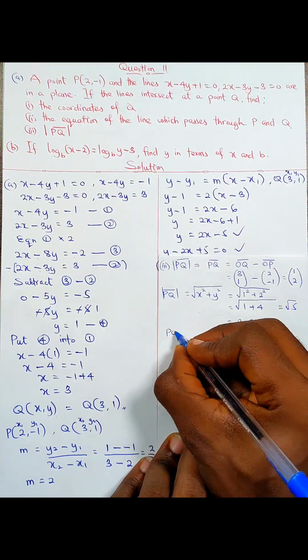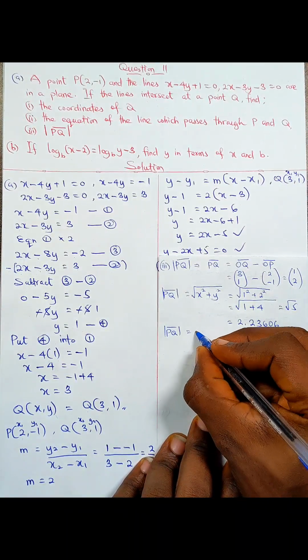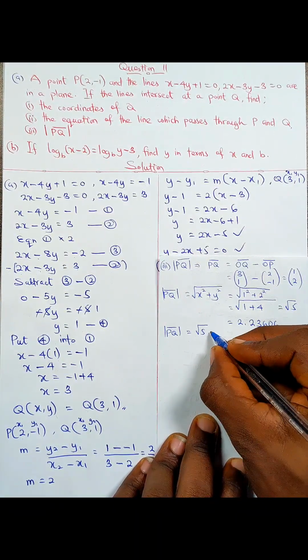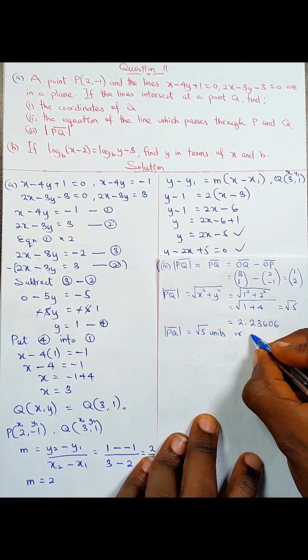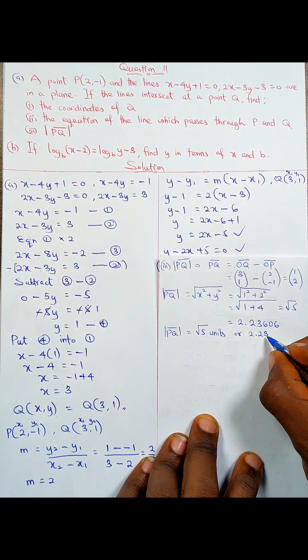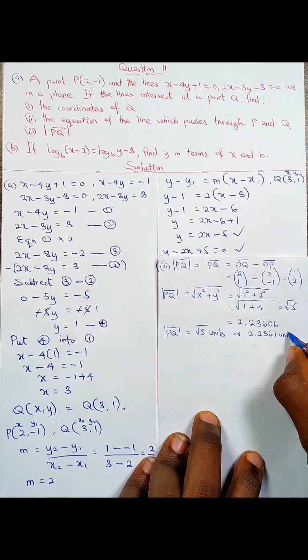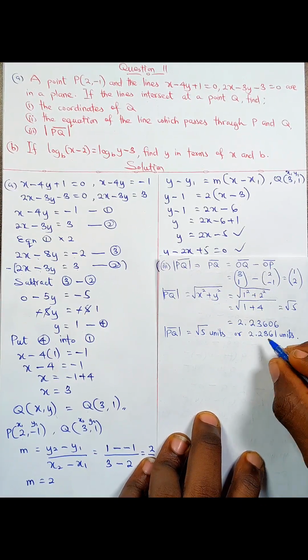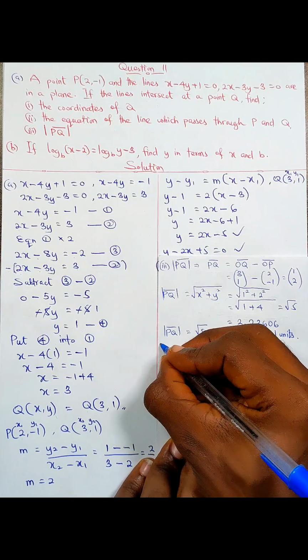Therefore, we can say that the PQ vector magnitude or length is given as the square root of 5 units, or 2.2361 units. That is to 4 decimal places, which I like to take it to.